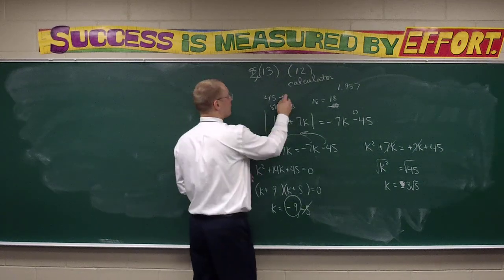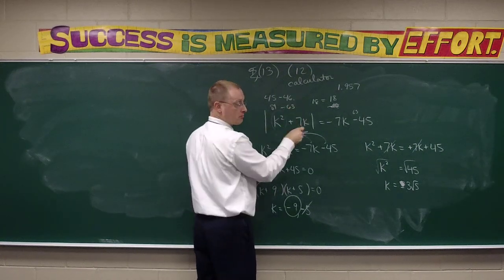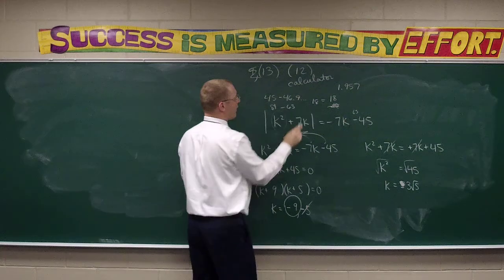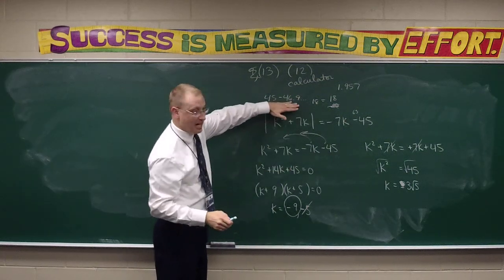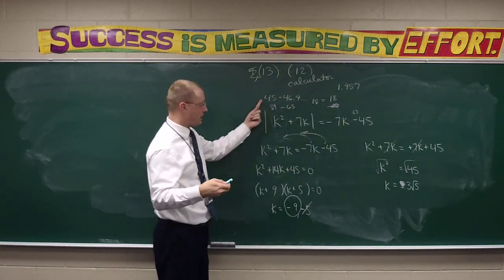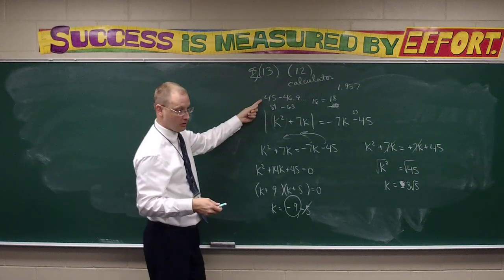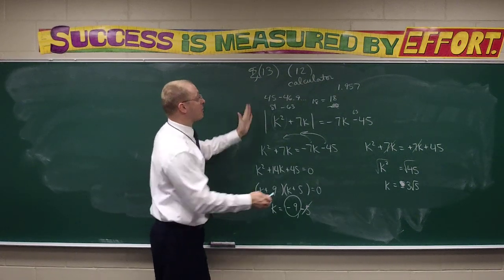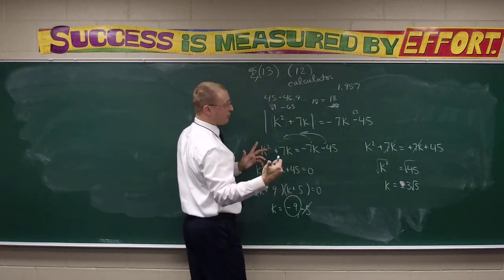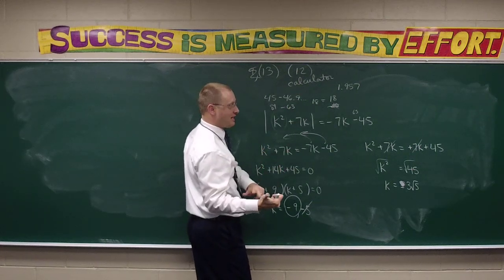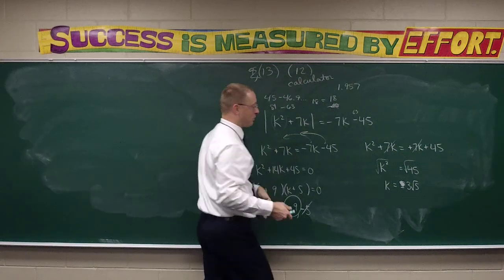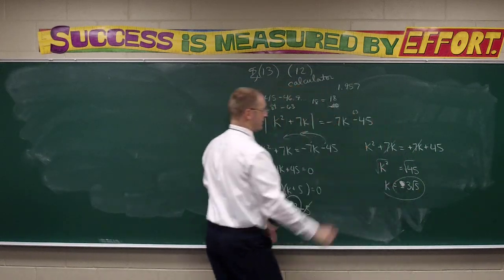Negative 46.9 blah, blah, blah. Okay. Take what's on the calculator, negative 46.9 blah, blah, blah, add a positive 45 to that. And what do you have? 1.957. But we're going to take the absolute value of your negative 1.957, and sure enough, it will be 1.957, and that answer also checks out.